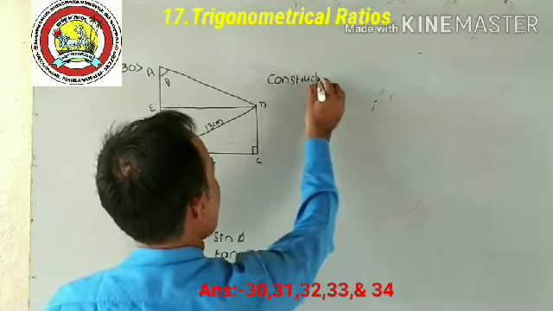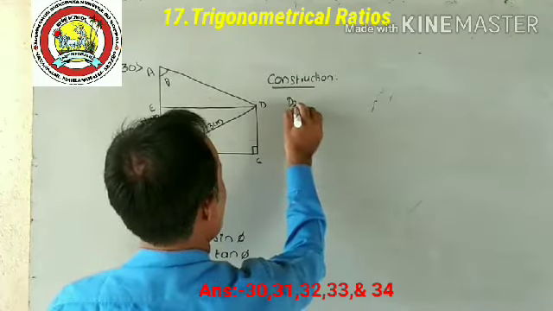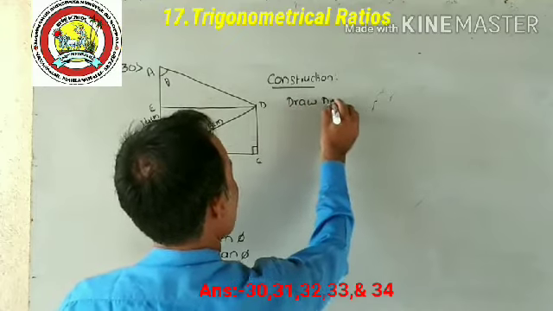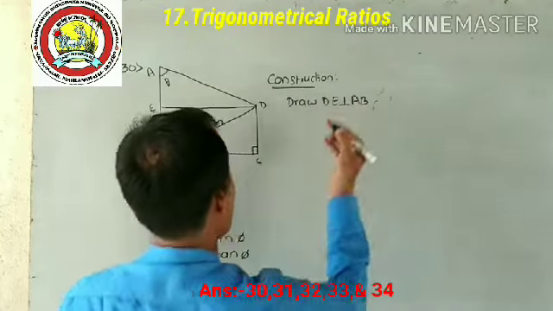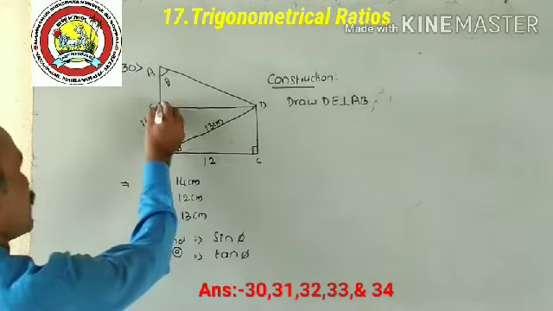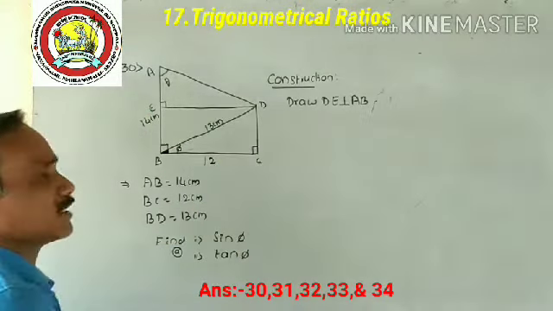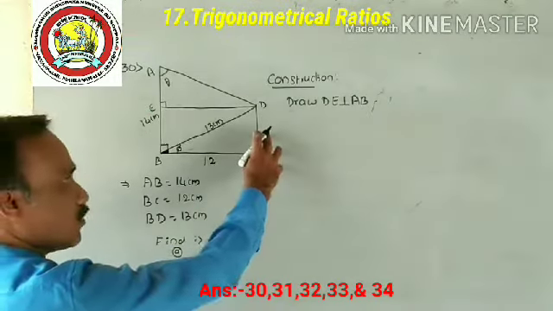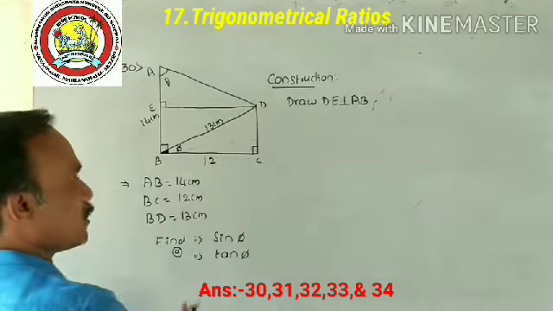Write down the construction: draw DE perpendicular to AB. So AED is a right angle triangle and BCD is also a right angle triangle. Using BD and BC, apply the Pythagoras theorem.